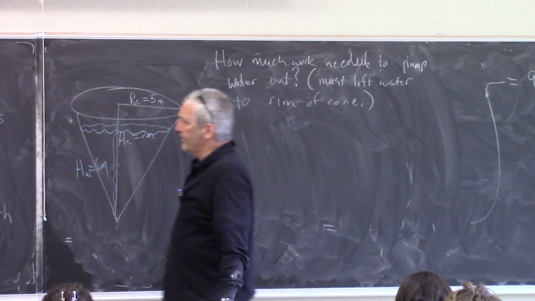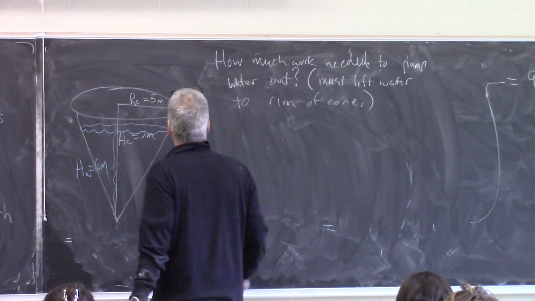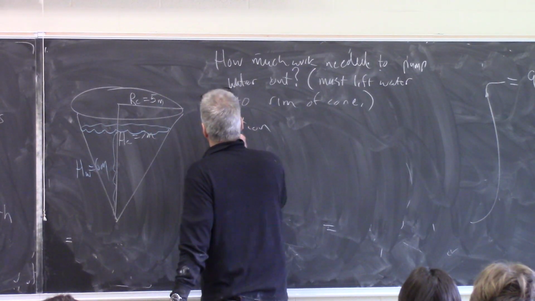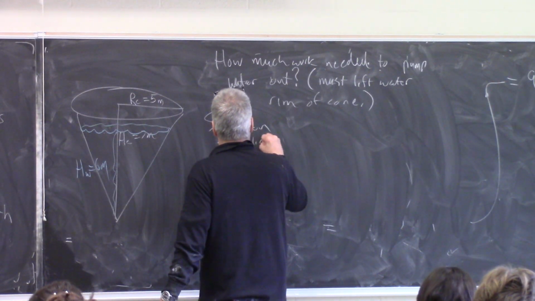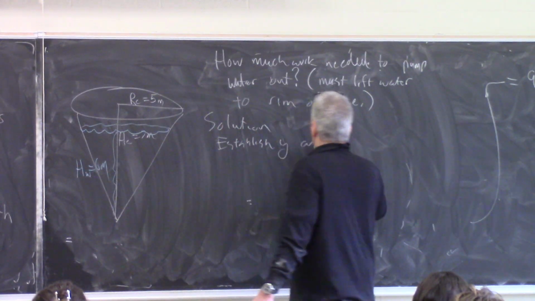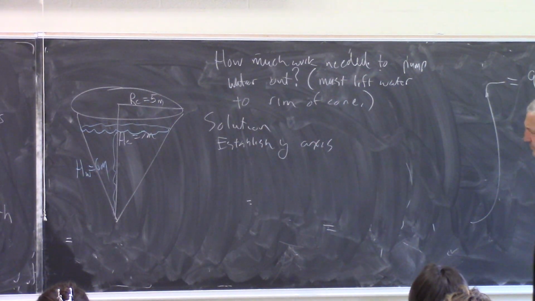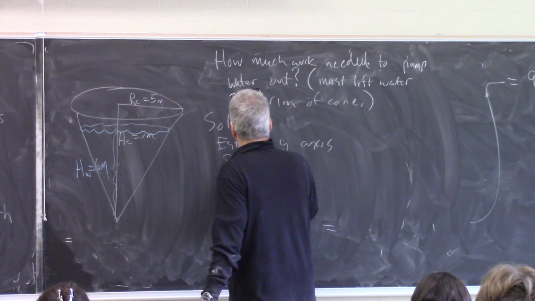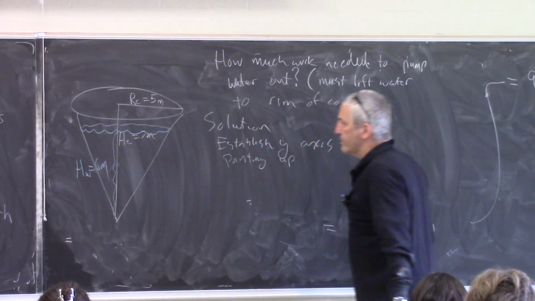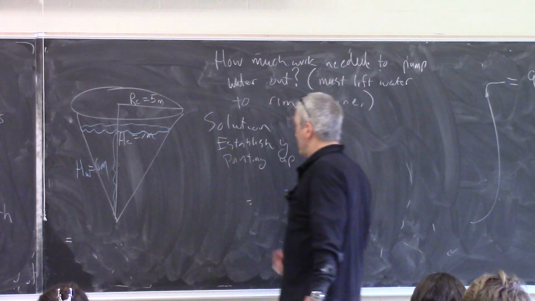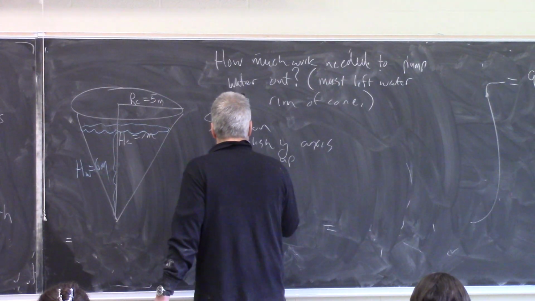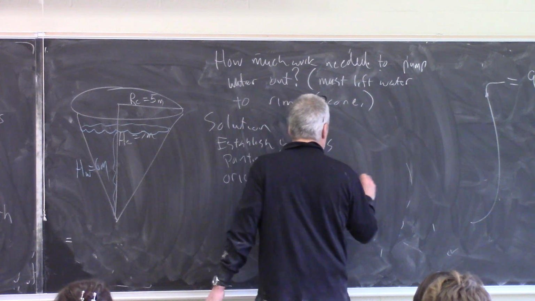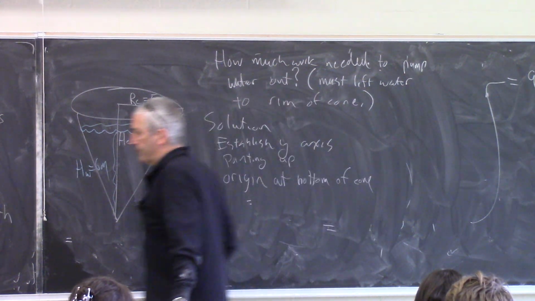Well, as with the previous problem, we want to establish a coordinate axis, and say which way it's pointing, with origin maybe at the tip of the cone, or at the bottom of the cone. So here's my axis.